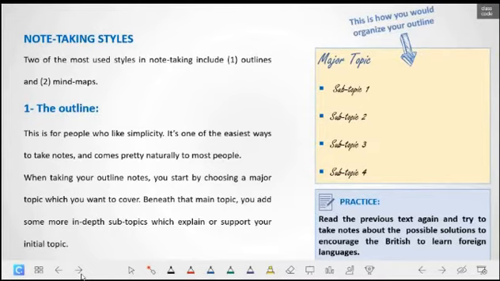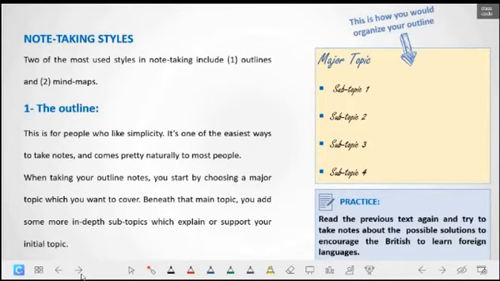When taking your outline notes, you start by choosing a major topic which you want to cover. Beneath that main topic, you add some more in-depth subtopics which explain or support your initial topic. If you go to the right, as you see, this is how you would organize your outline.